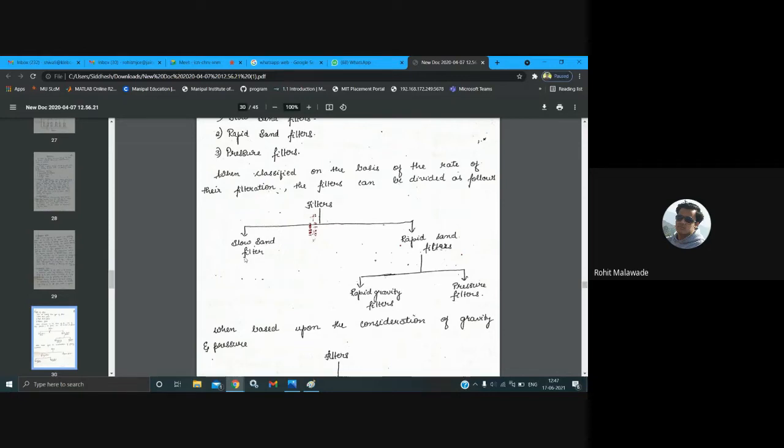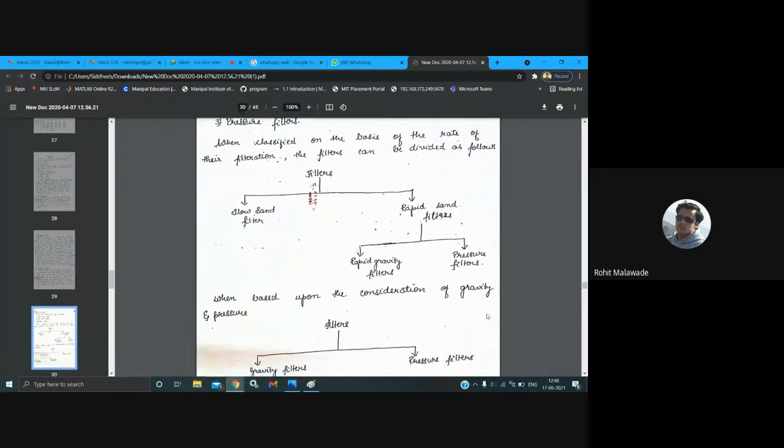So in our study, we will be concentrating on the slow sand filter, rapid sand filter, and pressure filters.